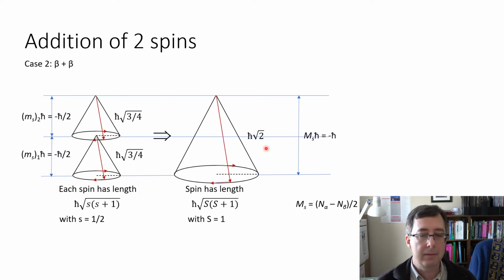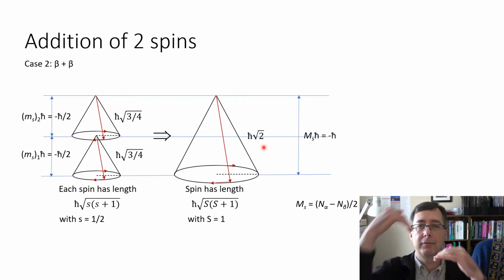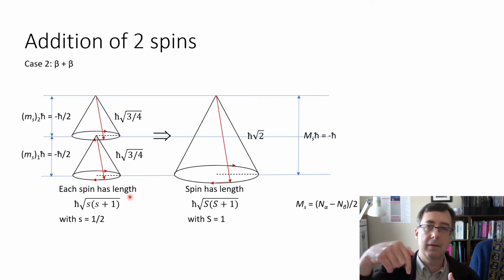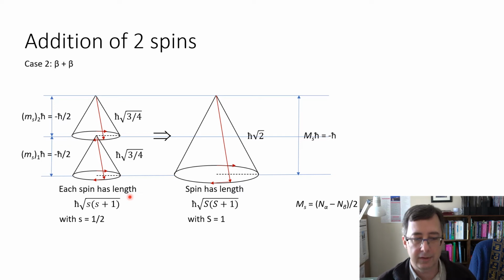All right, now let's think about the case where I have two beta spins. So here's my cartoons for those guys. The lengths are the same, but now they're both pointed down, or have a negative projection on the z-axis. And the projection on the z-axis works the same way as before, but just with minus signs. So this guy is a minus a half, this guy is a minus a half.